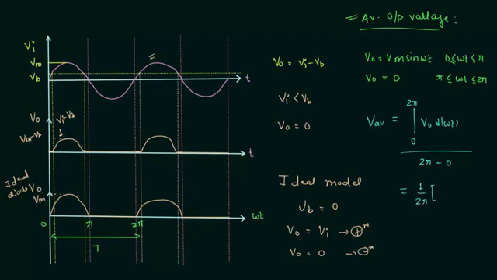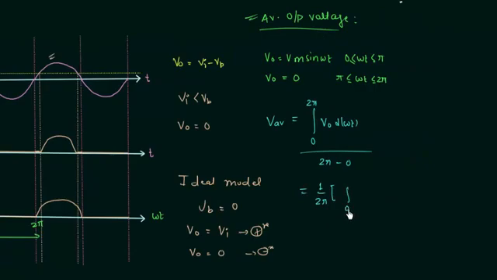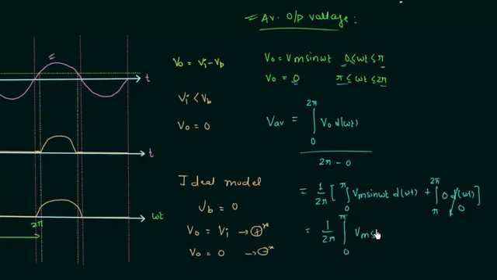Inside the bracket we have integration 0 to pi, where Vo is equal to Vm sine omega t, so we have Vm sine omega t d omega t, plus integration from pi to 2 pi. From pi to 2 pi, Vo is equal to 0, and integration of 0 is equal to 0. So we are left with 1 by 2 pi integration 0 to pi Vm sine omega t d omega t.